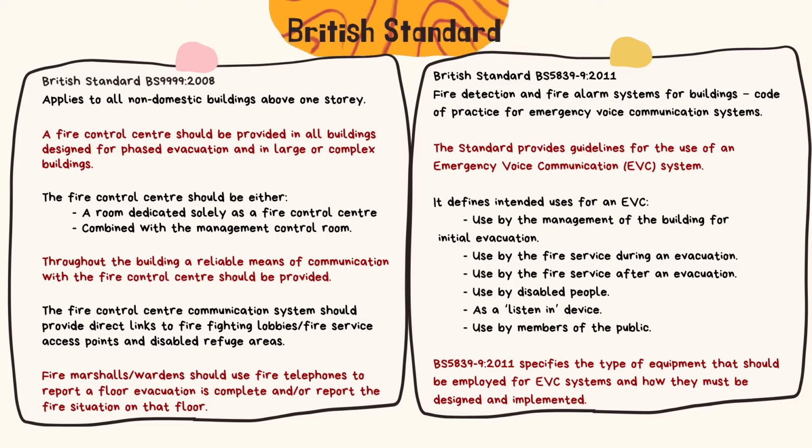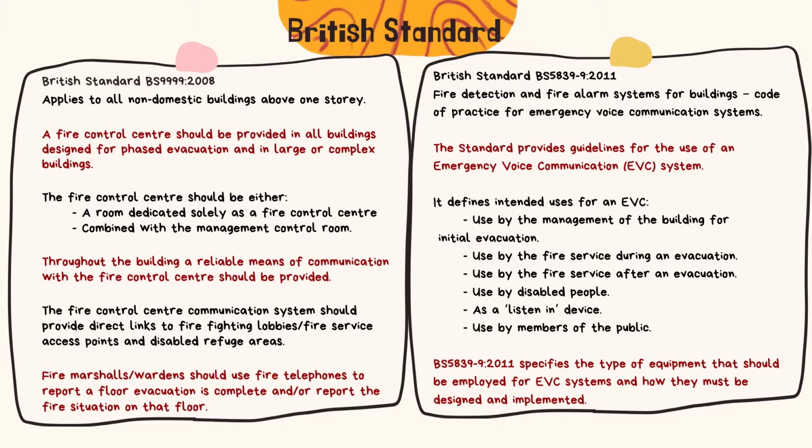5839-2011. Okay, British Standard BS 9999-2008 can apply to all non-domestic buildings above 1 story, and a fire control center should be provided in all buildings designed for phased evacuation and in large or complex buildings. Next, the fire control center should be either a room dedicated solely as a fire control center or combined with the management control room.